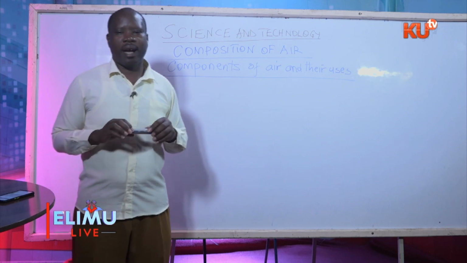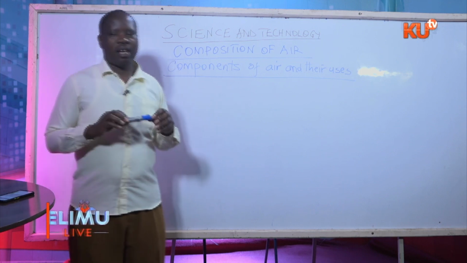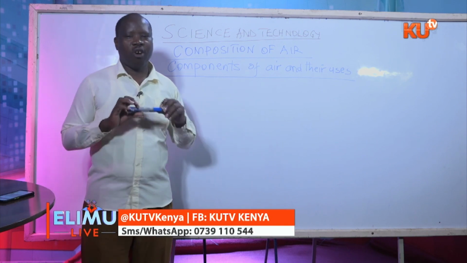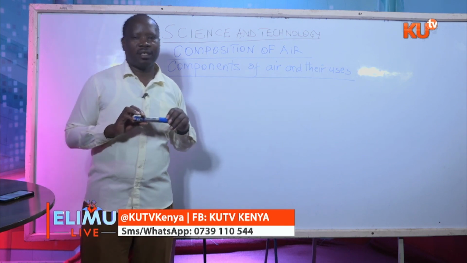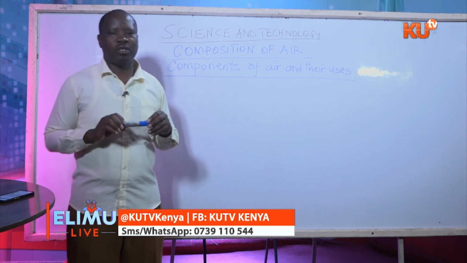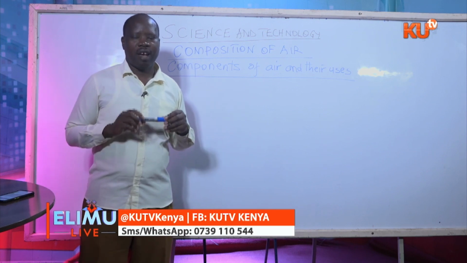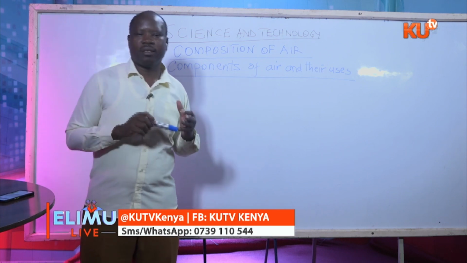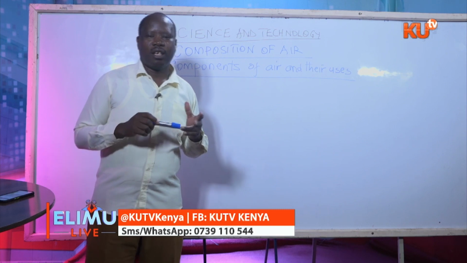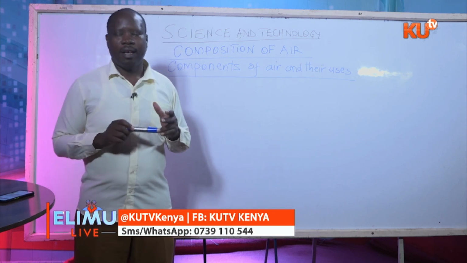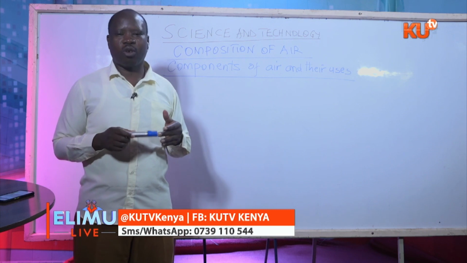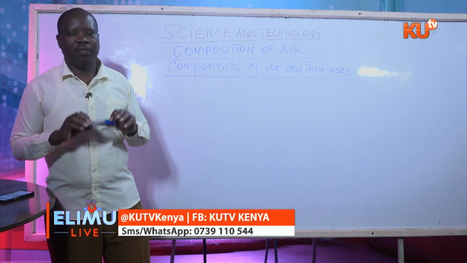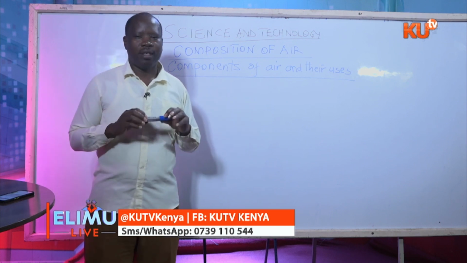For some people, they can add milk. You can have a cup of coffee or a cup of tea. The components are the things or items that have been used to make that tea: water, sugar, and tea leaves or cocoa or coffee.